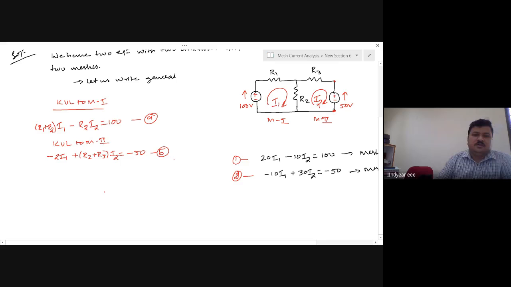Compare equation 1 with equation A, and equation 2 with equation B.